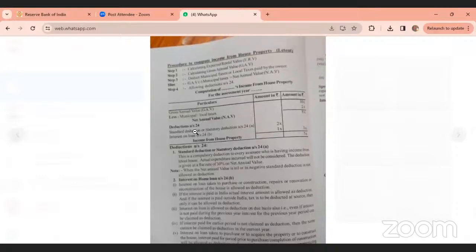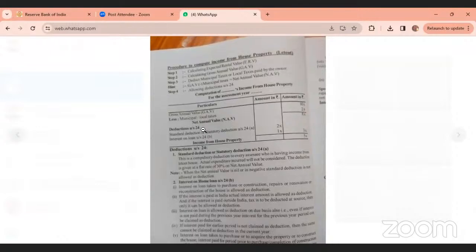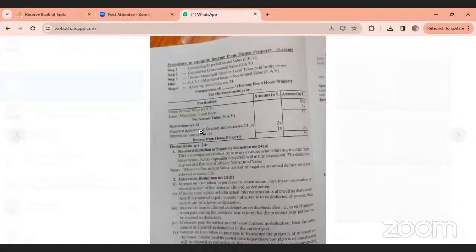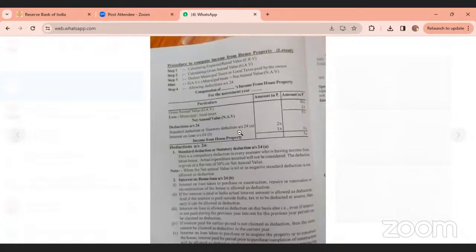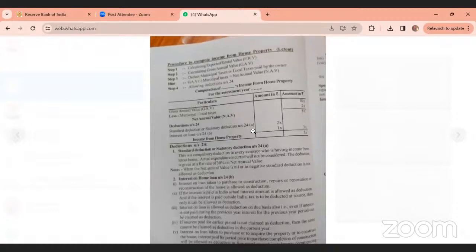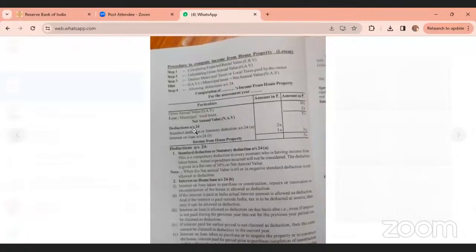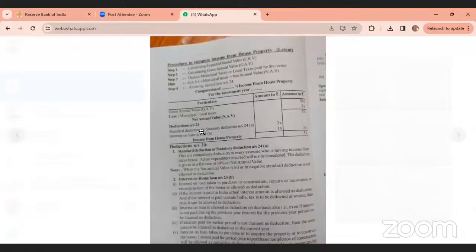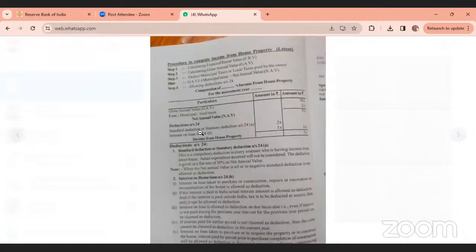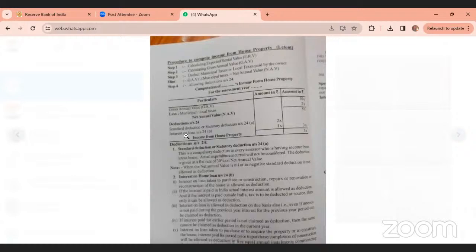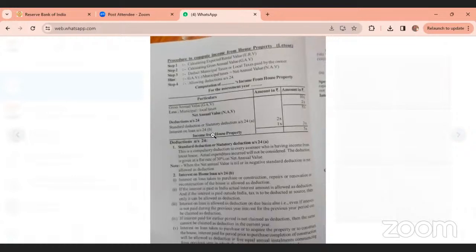When you find out the income from house property, you have to write deductions under section 24; it is compulsory. Under section 24, first is 24A, which is the standard deduction. How to calculate the standard deduction also has a procedure; I will tell you. Next, interest on loan under section 24B.